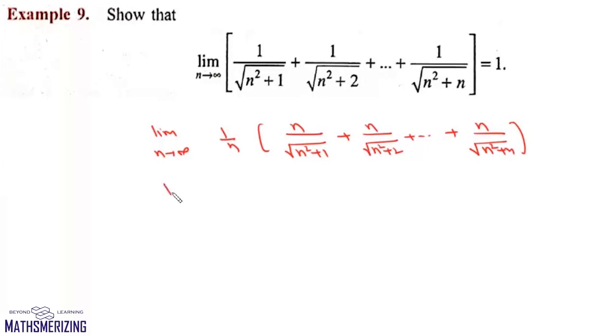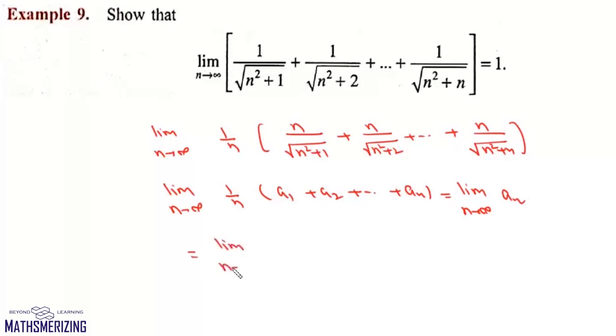Now this limit is of the form limit n tends to infinity of 1 by n times (a1 plus a2 plus up to an). Cauchy's first theorem says this limit is equal to limit n tends to infinity of an. So all we need to do is solve this limit. Now what's an? An is n upon under root of n square plus n, and this limit is nothing but 1. So the value of this limit is simply 1.